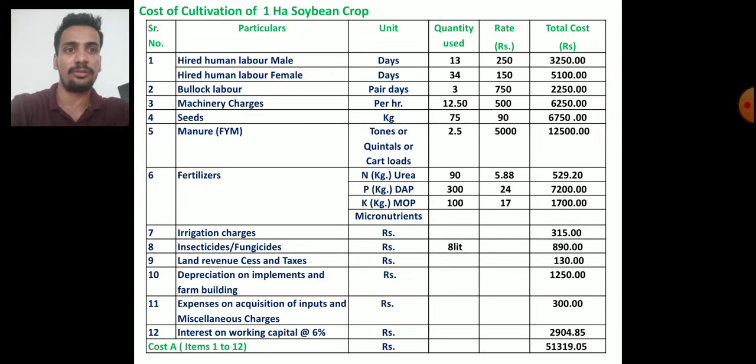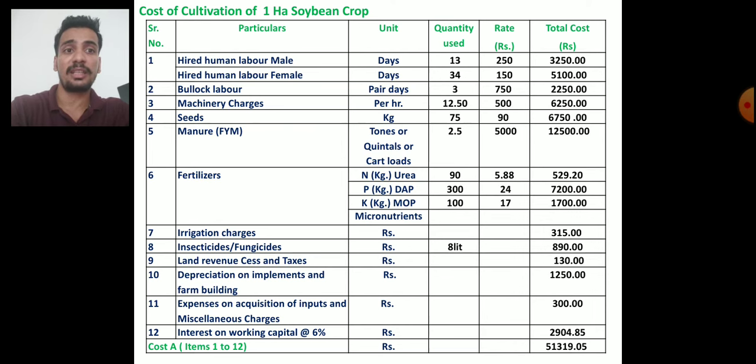For phosphorus I have used DAP, diammonium phosphate, and 300 kg of DAP is required to give 60 kg of phosphorus. Then 100 kg of muriate of potash is required to give 40 kg of potassium. Their cost I have calculated according to per bag cost. The urea bag is 265 rupees, so the per kg rate of urea is 5.88.